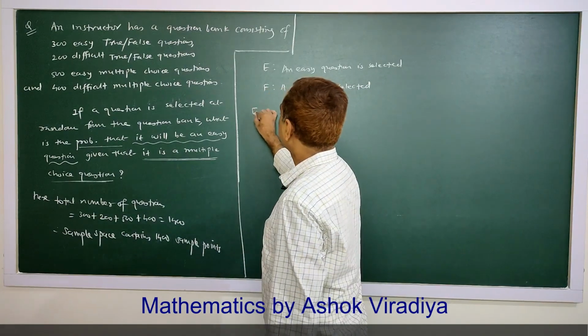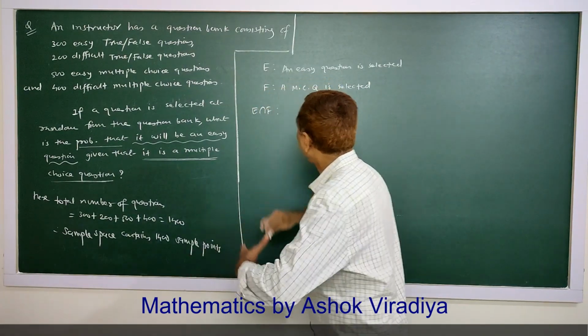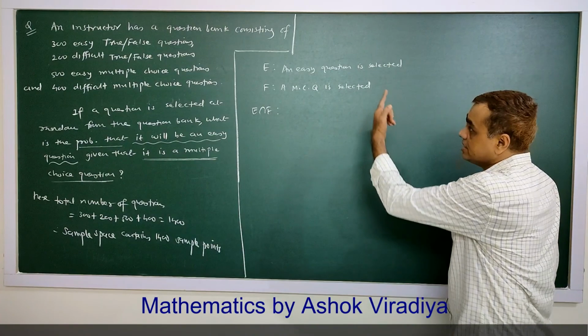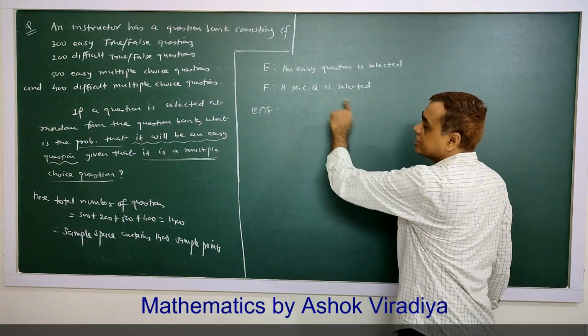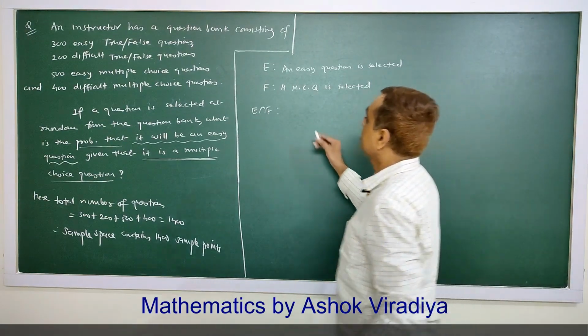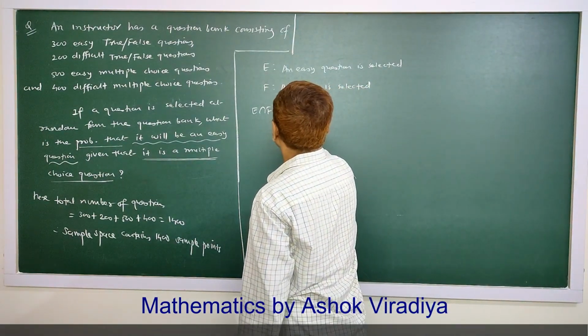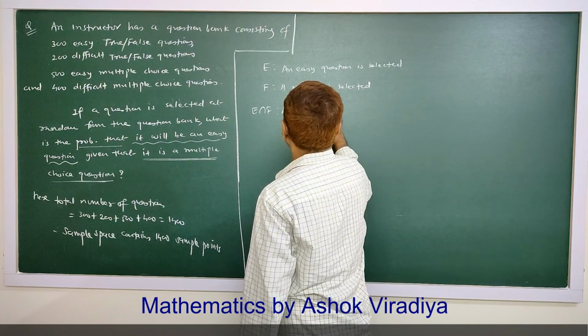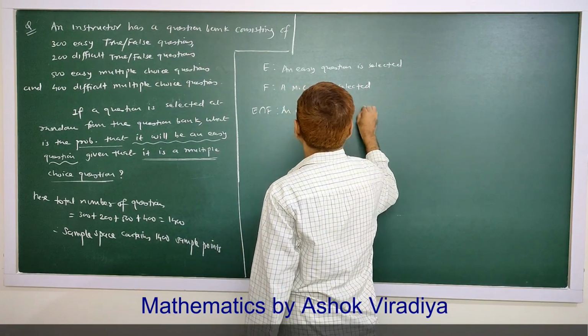So E intersection F, that means what? Easy and MCQ. That means easy MCQ is selected.